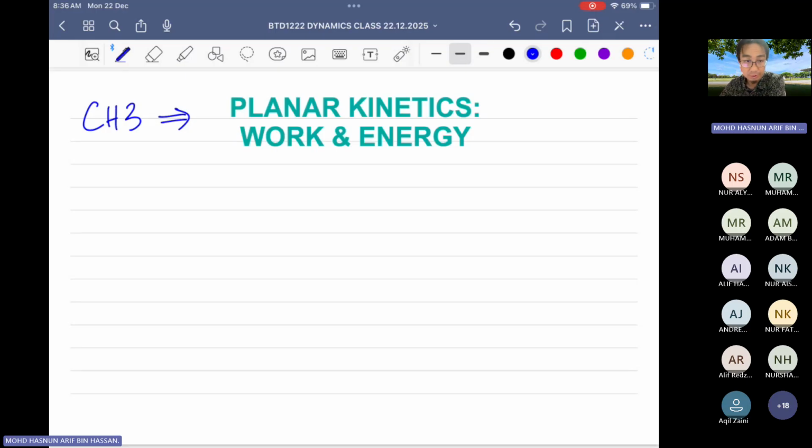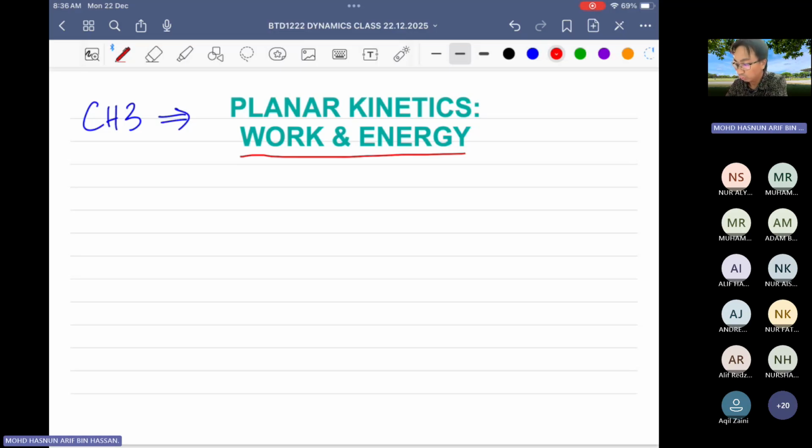The last chapter is divided into two components. One is what we are going to discuss today, the work and energy method. The other topic under chapter 3 is impulse and momentum, which will be covered later in week 13, perhaps. So today we will focus on the work and energy method.